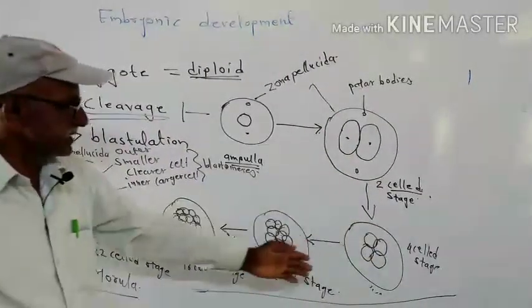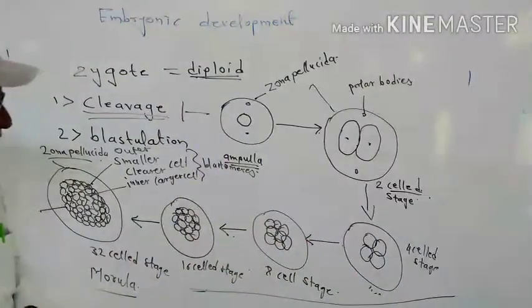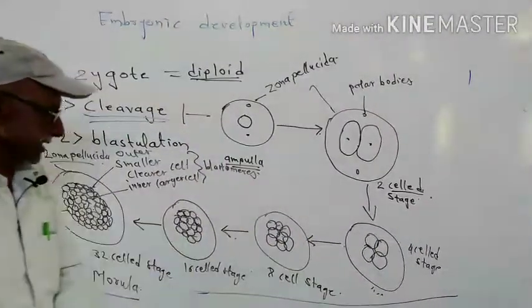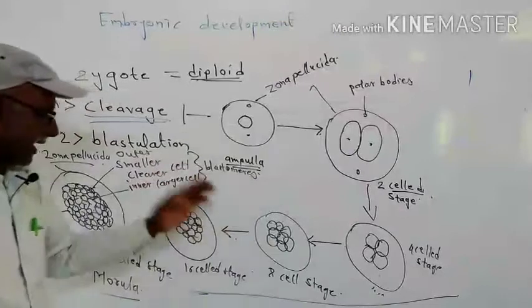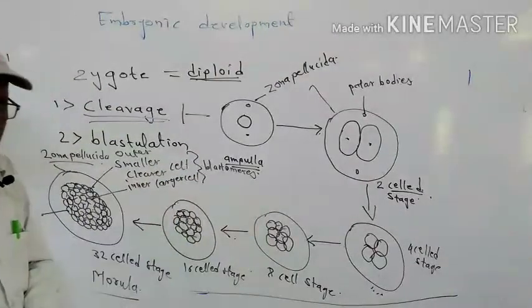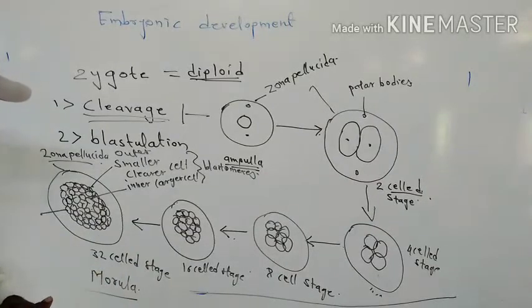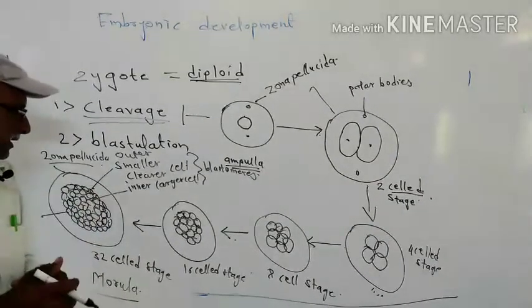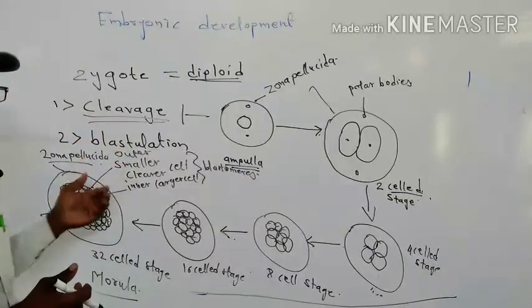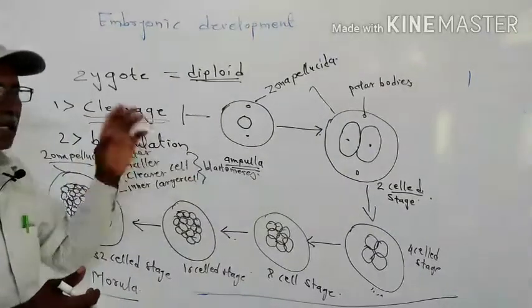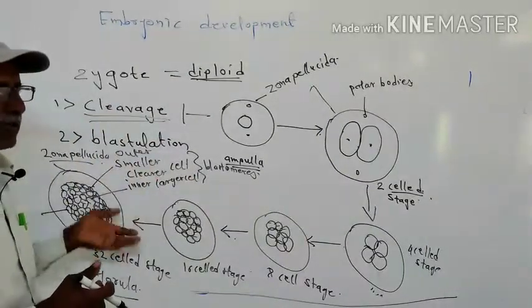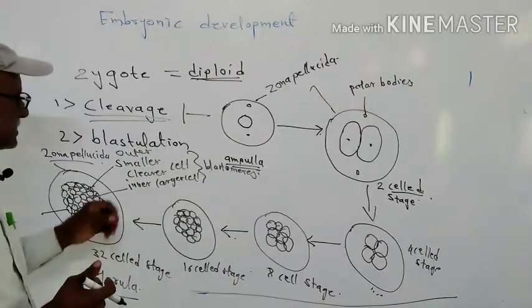Then from the 4 cell stage, again there is a horizontal division and the 8 cell stage is formed. Then the 16 cell stage, then the 32 cell stage. In the 32 cell stage, the cells are arranged in 2 layers. Outer ones are smaller and inner ones are larger cells.